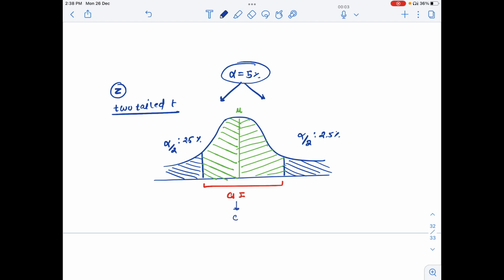This was confidence interval, this area and this area. Both of these are called rejection area. You will reject null hypothesis if it comes under here. Now if you see this area and this area, they are equal, they are equidistant from mean. They individually are called MOE or margin of error.